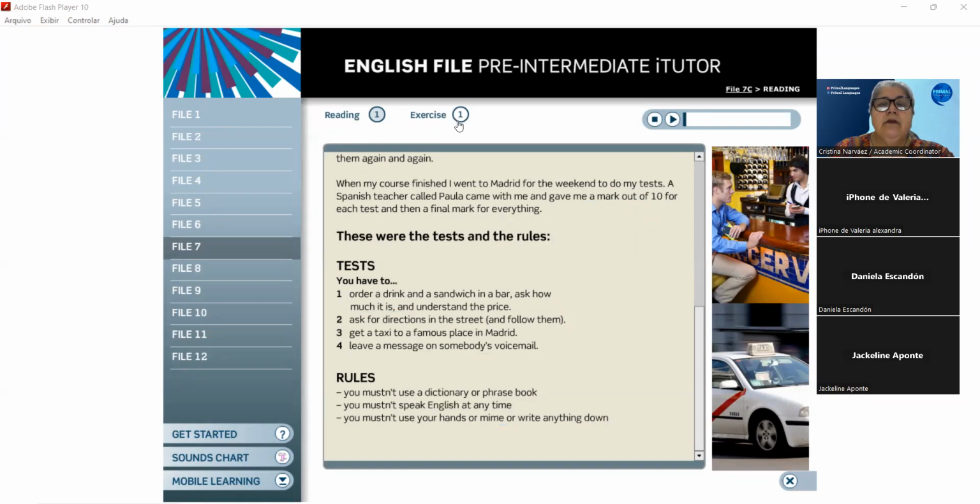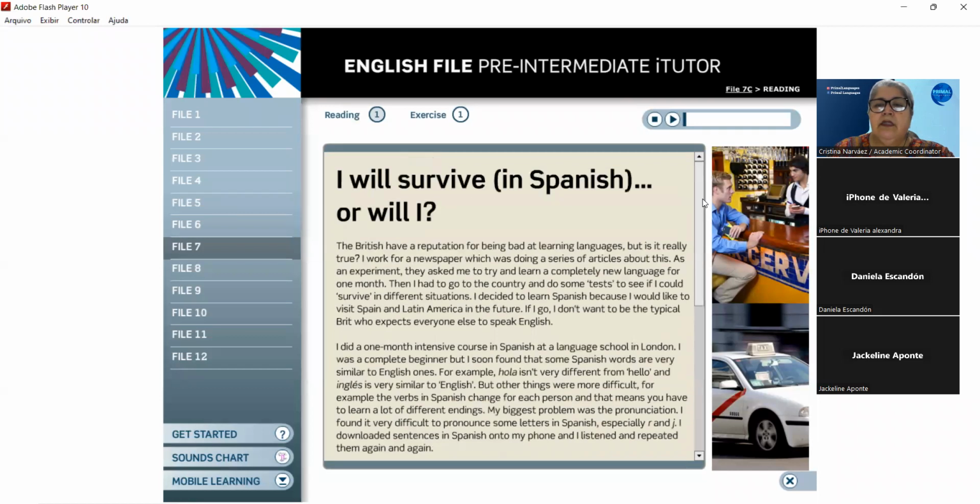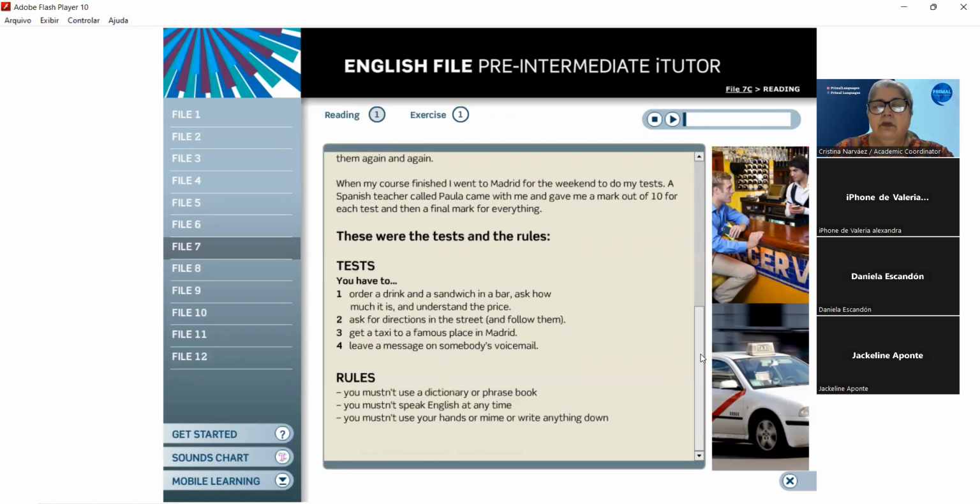Okay, now let's see. ¿Hay alguna palabra que no entendieron? Is there any word that you didn't understand because it is new for you? Teacher, the mime. Exactly, yes. Mime is, for example, mime that you are sad.